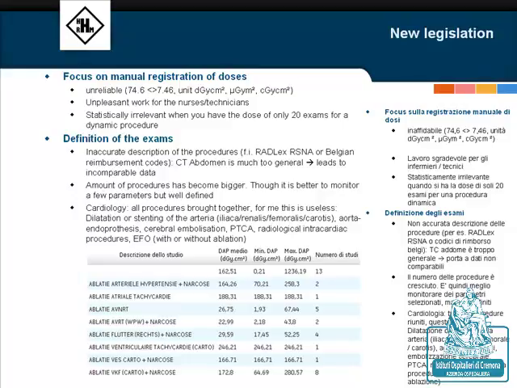Here you find, and that's new, cardiology. From cardiology, they want us to note down dilatation or stenting of the arteria. You must say if it's iliac, renalis, femoralis, carotis, or whatsoever. This thing is the complete activity of a cath lab.